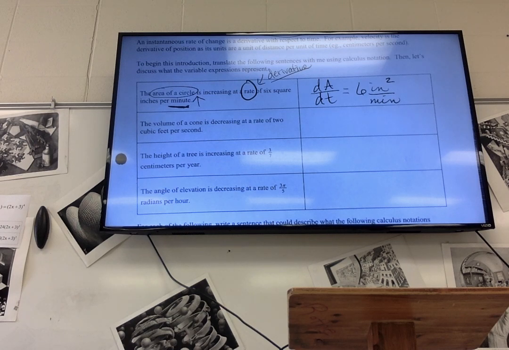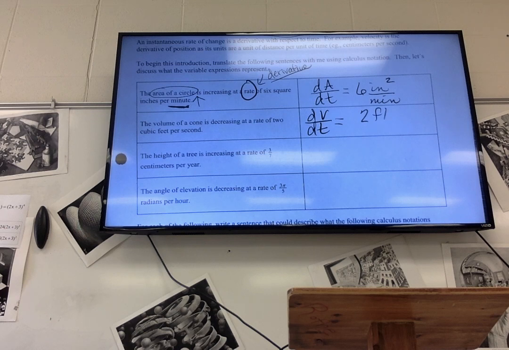Okay, so the volume of a cone is decreasing at a rate of 2 cubic feet per second. So how would I write the derivative part? dV over dt. But we say dV dt. And it means over dt, but we just never say over. Equals what? 2 feet cubed.